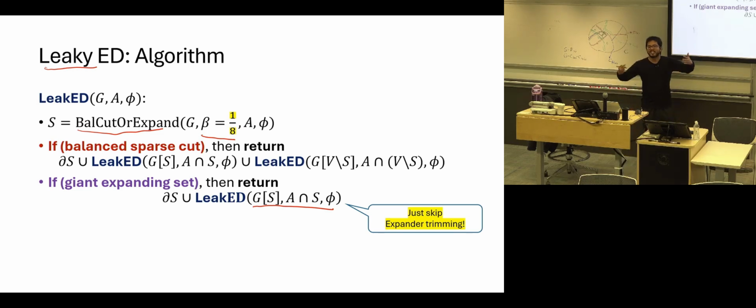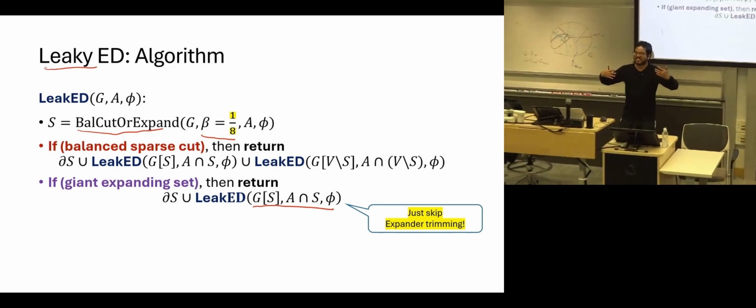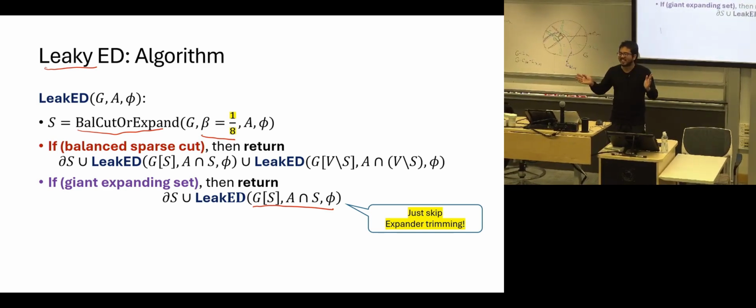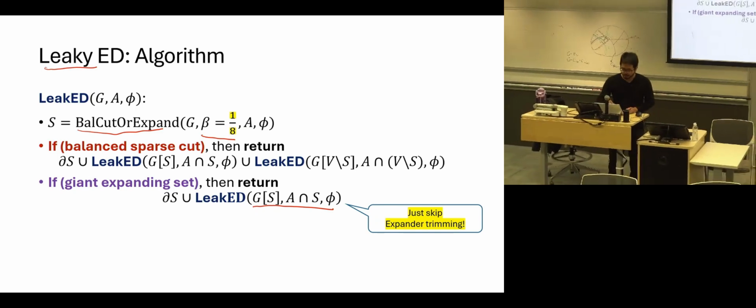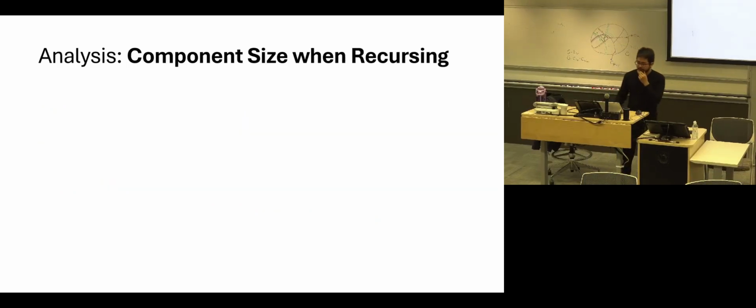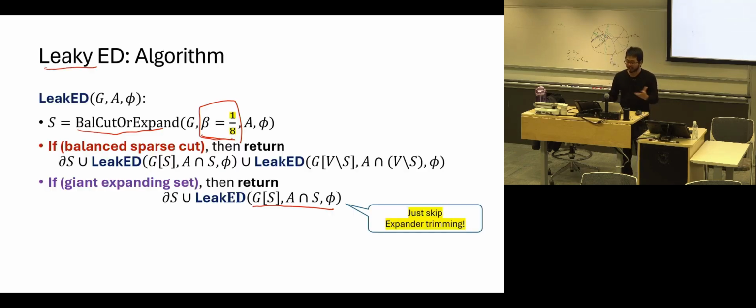Because we kind of want to be expanding in the graph. We don't need to be expanding in the component. You just keep trimming. The fact that we skip trimming, we can set the balance to be better. Okay. So the analysis is going to be the same as before, like expander decomposition, only simpler.